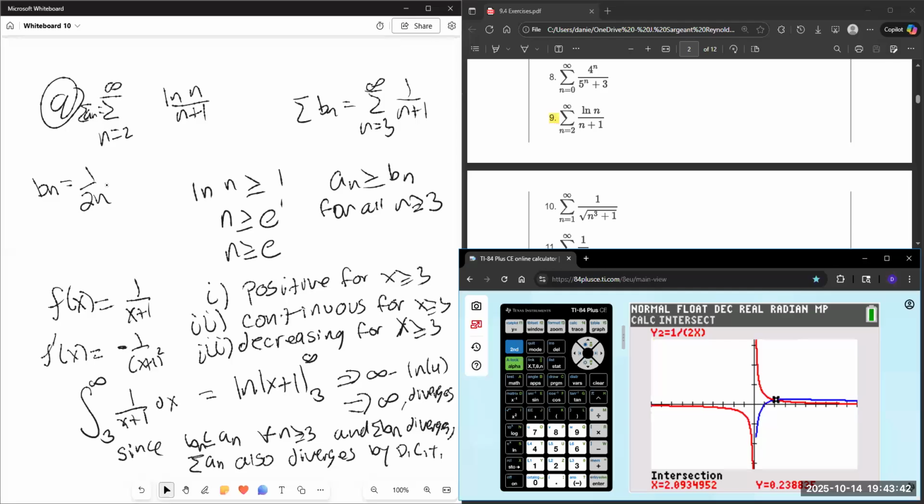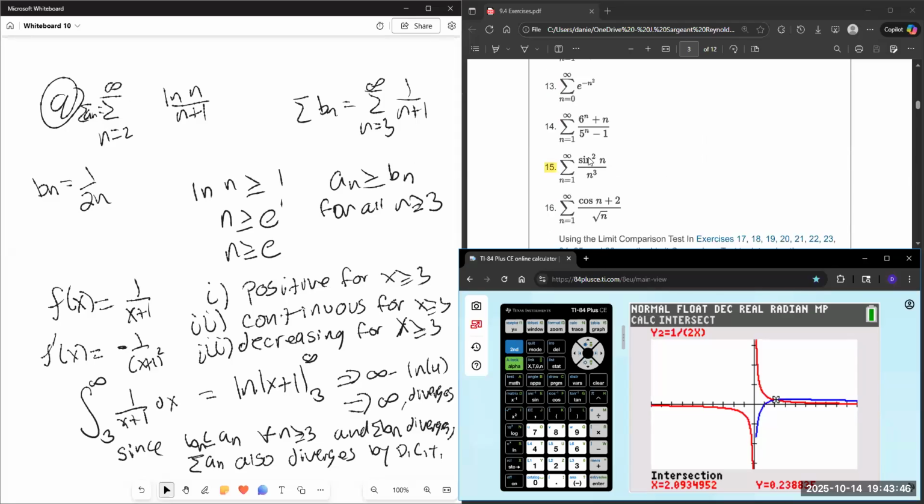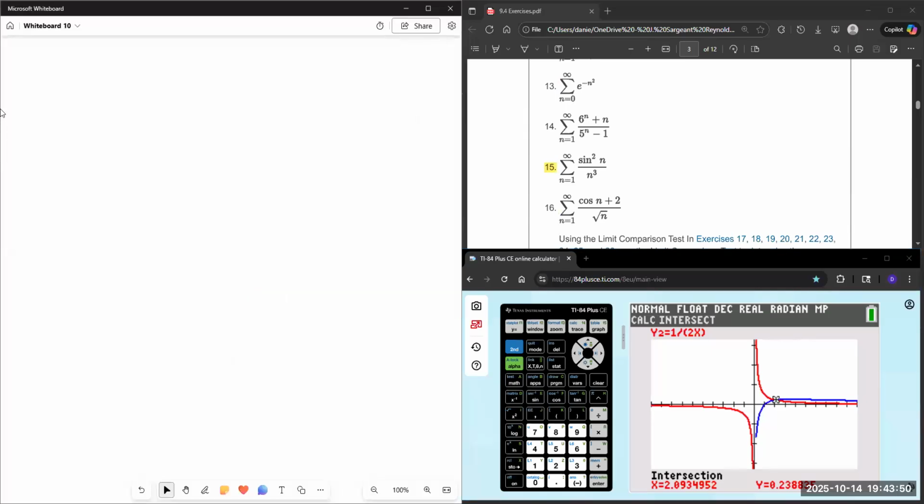Let's go ahead and look at number 15. Says summation n equals 1 to infinity of sine squared n over n cubed.